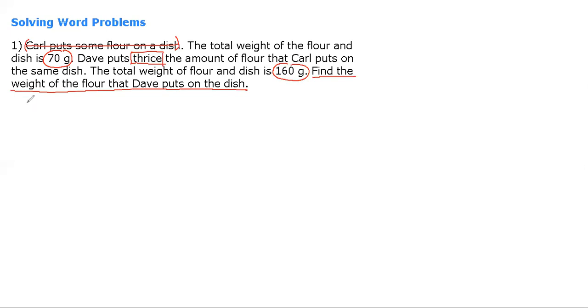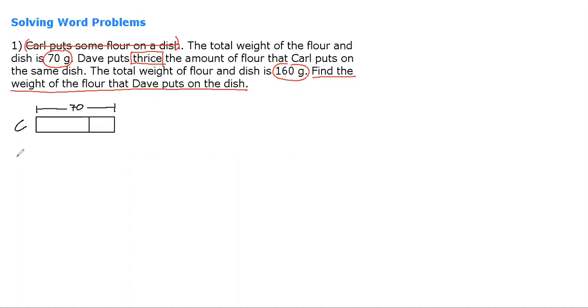Now, let's say C stands for Carl, and the total weight of flour and the dish is 70 grams. So this is 70 grams. That is for Carl.